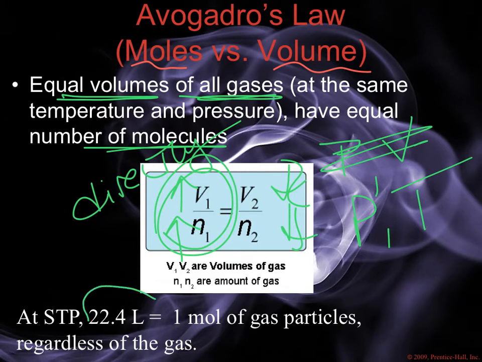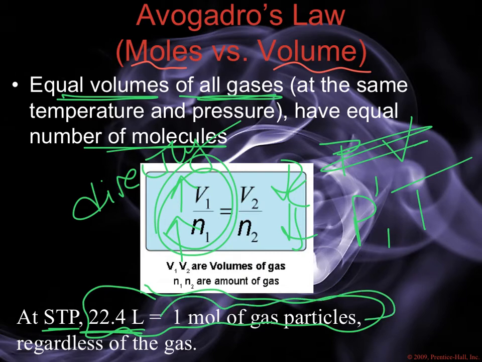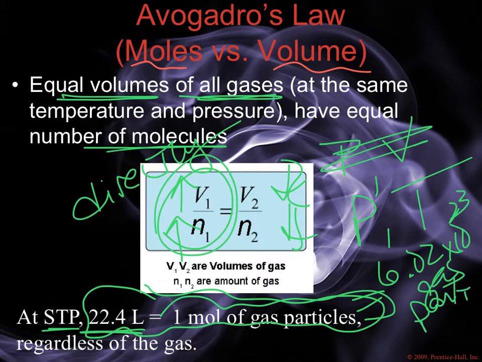Just as kind of a little side, we'll do that once we get to stoichiometry for gases. 22.4 liters of any gas, as long as you're at STP conditions, will contain 1 mole of gas particles. In other words, 6.02 times 10 to the 23rd gas particles. That's only at STP.